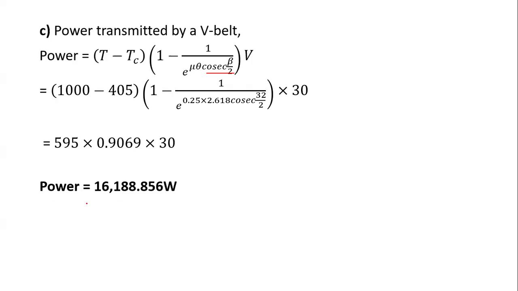Then our answer is 16,188.856 watts. Here is the reality. When you're dealing with a V belt, the power transmitted is higher. You can understand why we use this type of belt in most transmission systems where we need maximum power. So the power transmitted, therefore, is 16,188.856 watts.